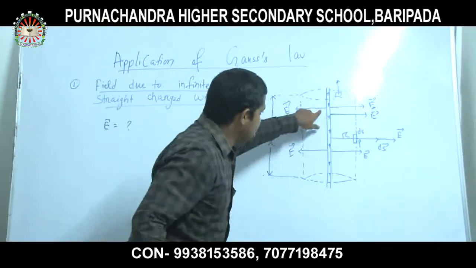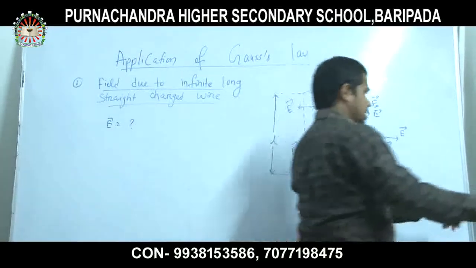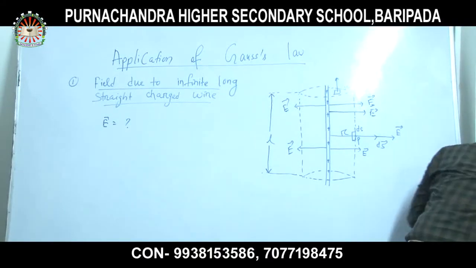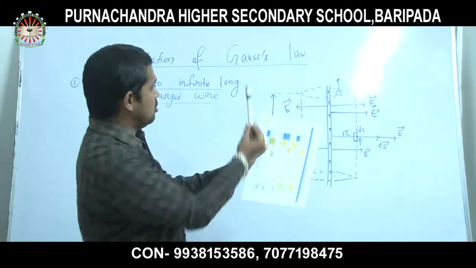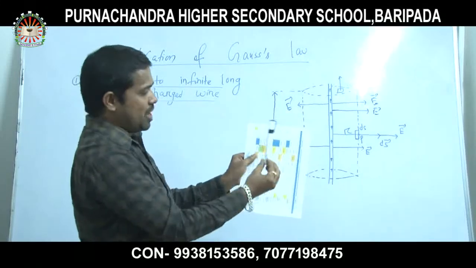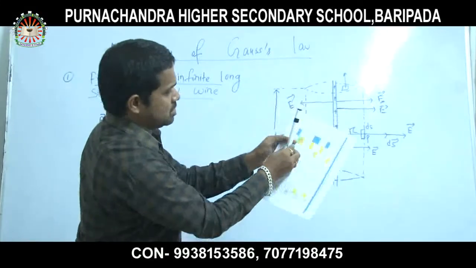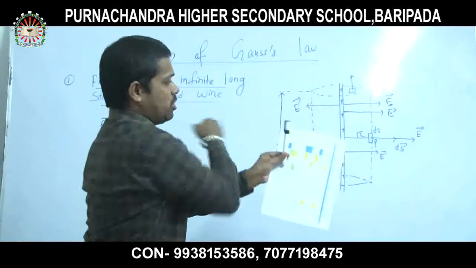Now, let us take a paper. Suppose this is your infinitely long charged wire. Then around it, electric field lines are emerging outward.